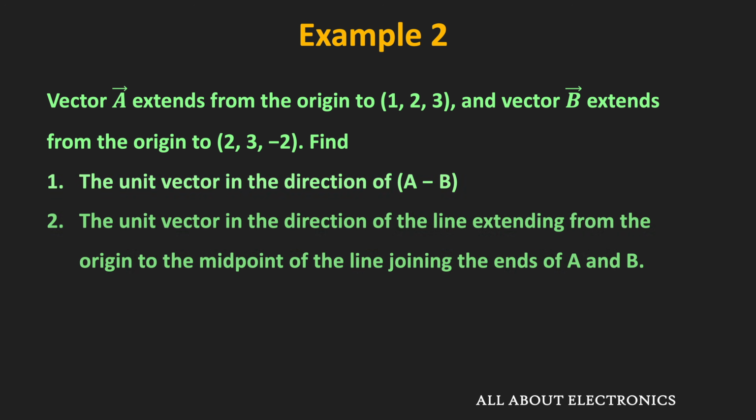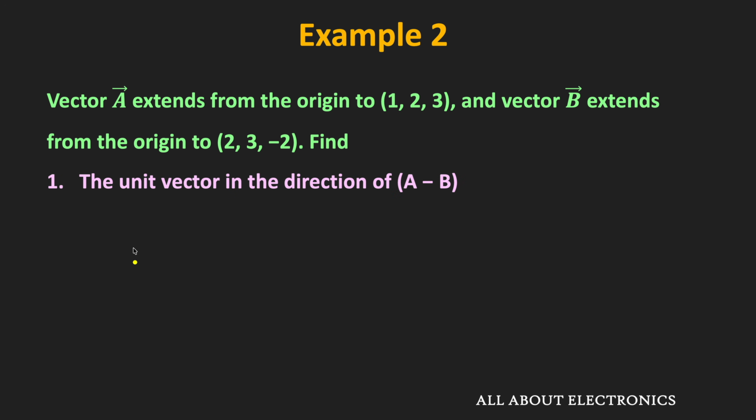So first of all, let us see the first part and find the unit vector in the direction of A minus B. As per the given data, we can say that this vector A is equal to ax plus 2ay plus 3az, and similarly, this vector B is equal to 2ax plus 3ay minus 2az, because both vectors A and B start from the origin and are directed toward these 2 points.